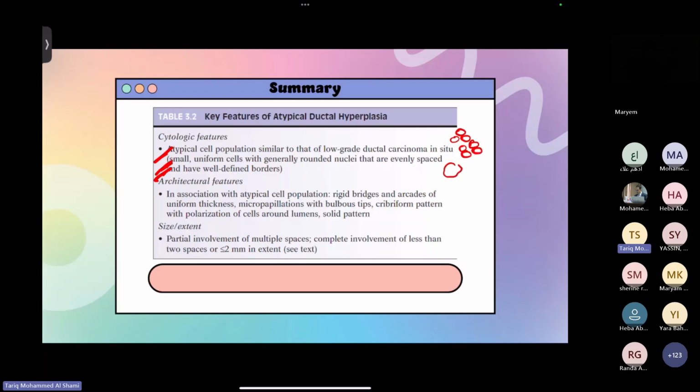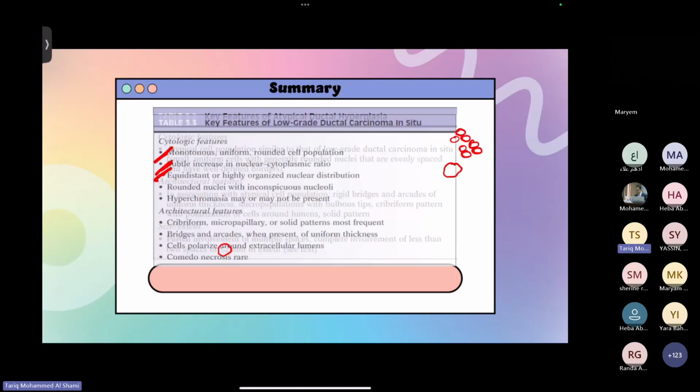And don't forget about Tavassoli, lesions less than 2 millimeters are considered atypical ductal hyperplasia, not low-grade DCIS. Here in the low-grade DCIS, we can see almost the same features of the cell and the architecture, but as we mentioned, more than 2 millimeters in size for each lesion.